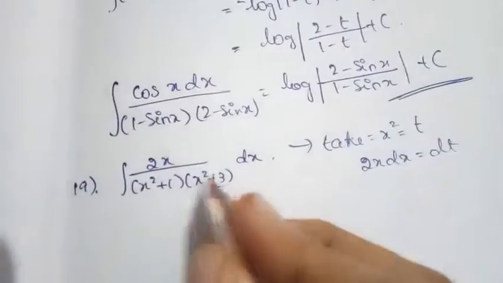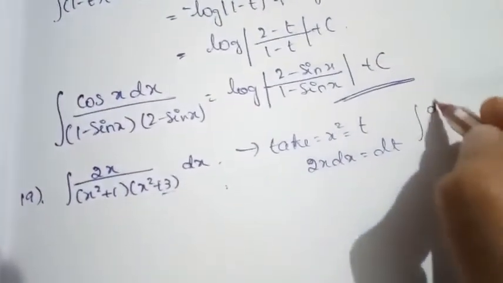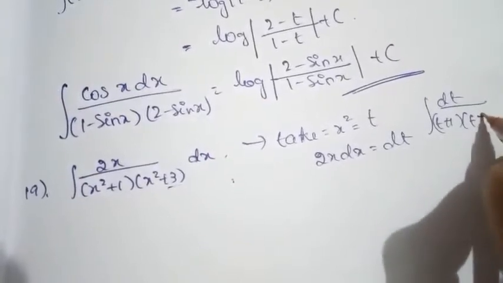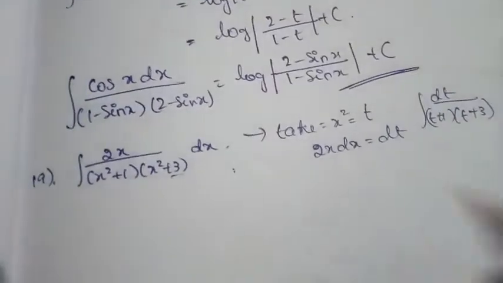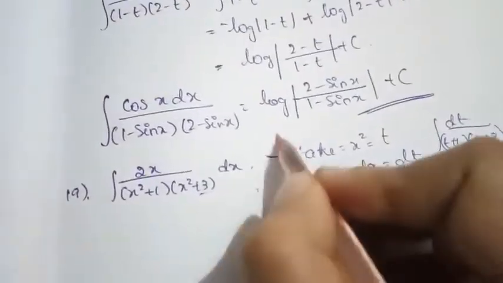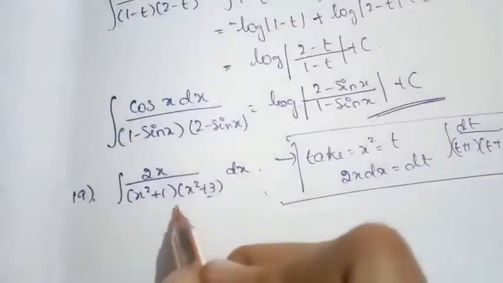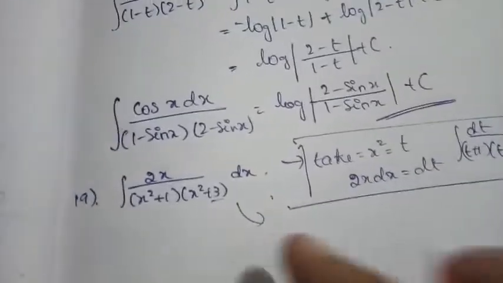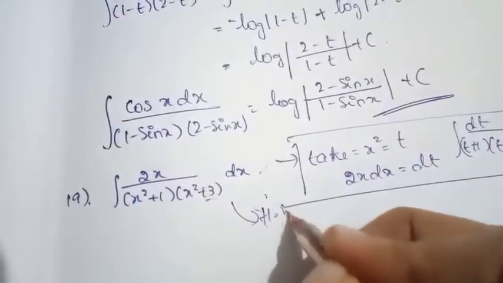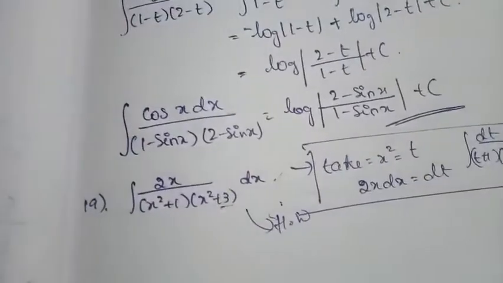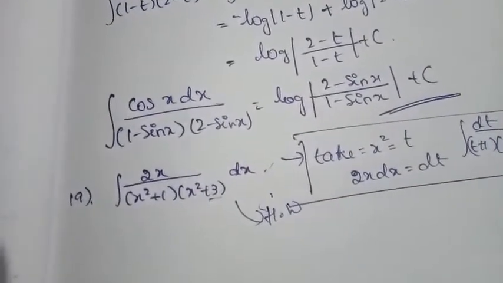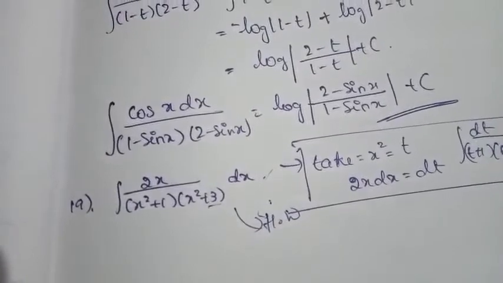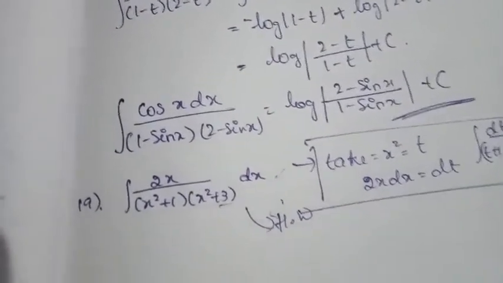Then it becomes integration of dt divided by (t plus 1) into (t plus 3), and continue this one and get the answer. Using this hint, get the value of this question and submit me your solution. So this is homework for you. Even here, substitution followed by partial fraction is used.